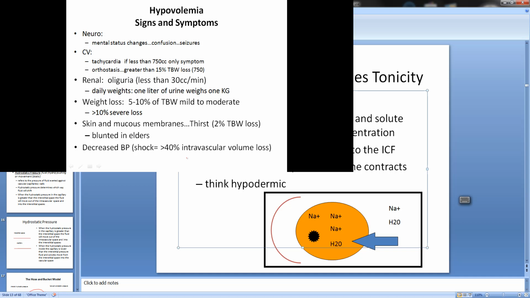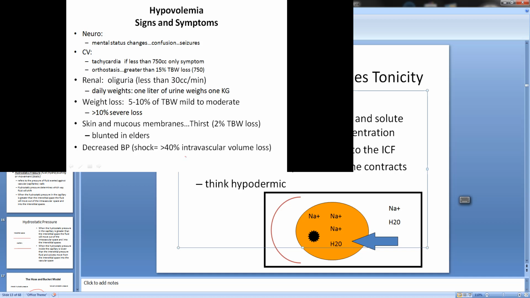One cute little tidbit is 1 liter of urine weighs 1 kilogram. So you can sort of begin to figure out what their weight was when they came in and what they are now in terms of their loss of body weight. Patients usually do not become thirsty unless they have 2% loss of total body water. Here you start to see weight loss at about 5 to 10%.